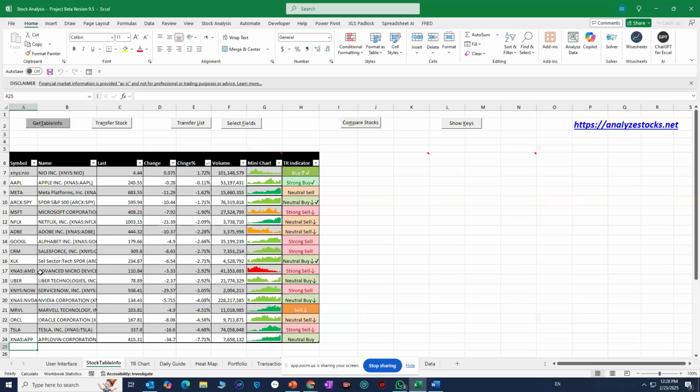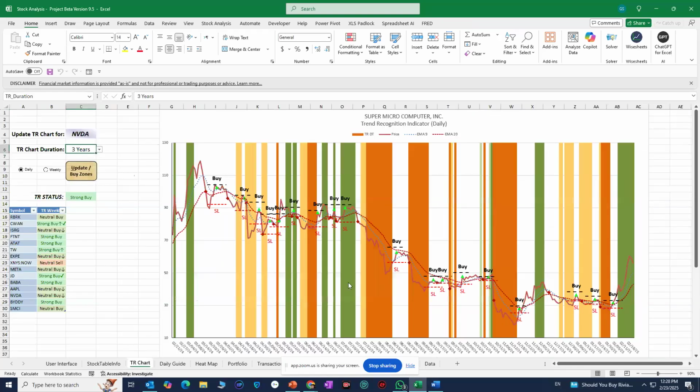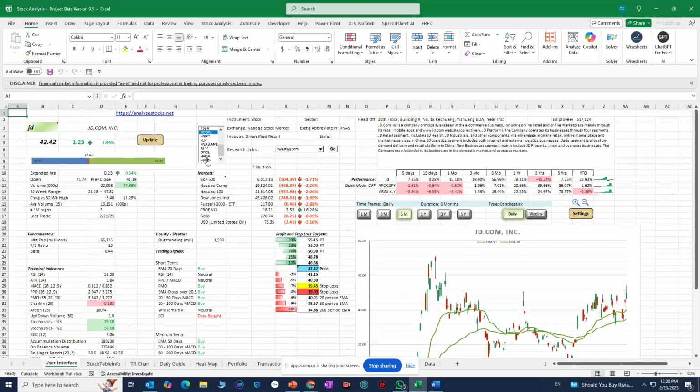So the Nvidia over here is a neutral buy zone. In other words, Nvidia is right now in a consolidating area, and we should not look into that for the time being. Let's see if someone else is working here.